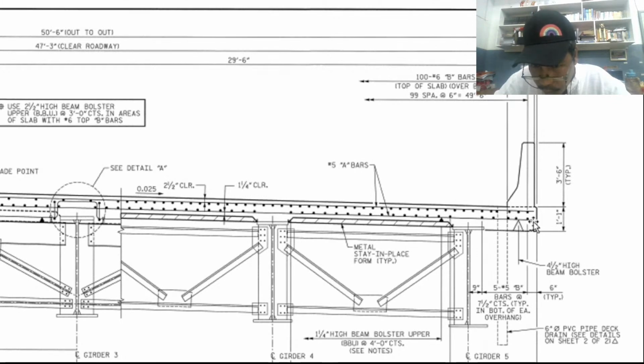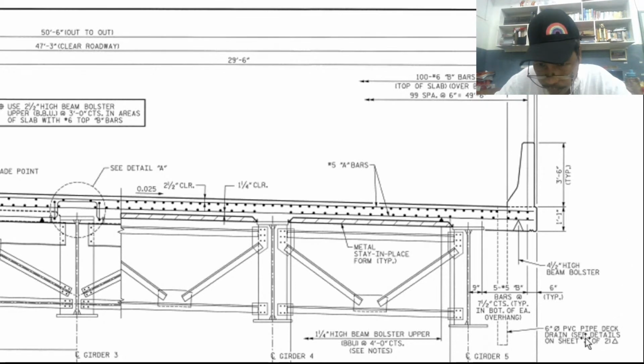There are 4 spaces and 5 bars. So 4 times 7.5 inches. If you multiply 4 times 7.5, 7.5 times 2 is 15, 15 times 2 is 30. So that is about 30 inches.